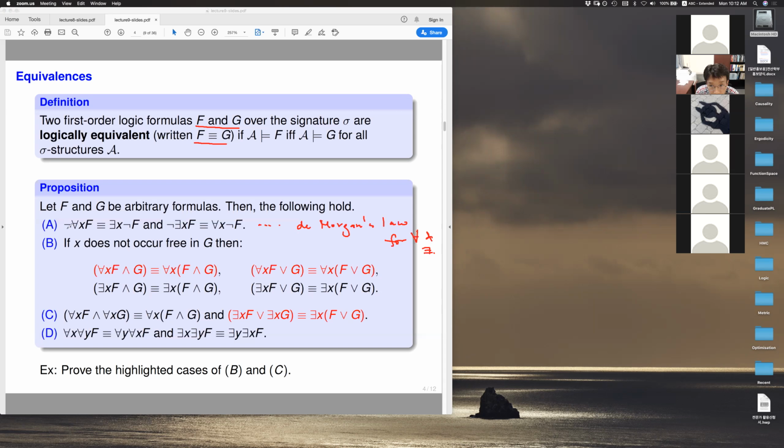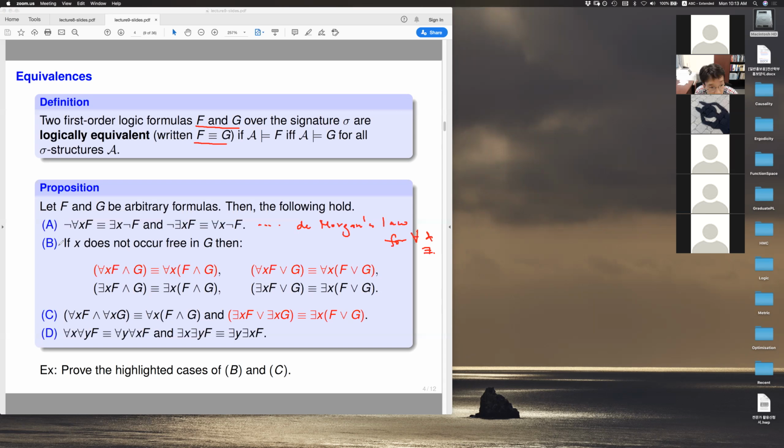If you have a negation outside a universal quantification, I can push the negation inside the universal quantification, but the universal quantification becomes an existential quantification. The situation is exactly symmetric if you start with the existential quantification. So that's what the first type of equivalence is telling us.